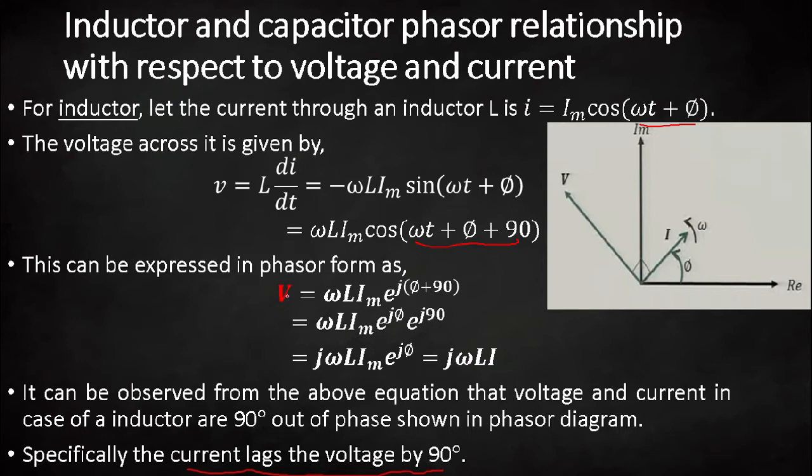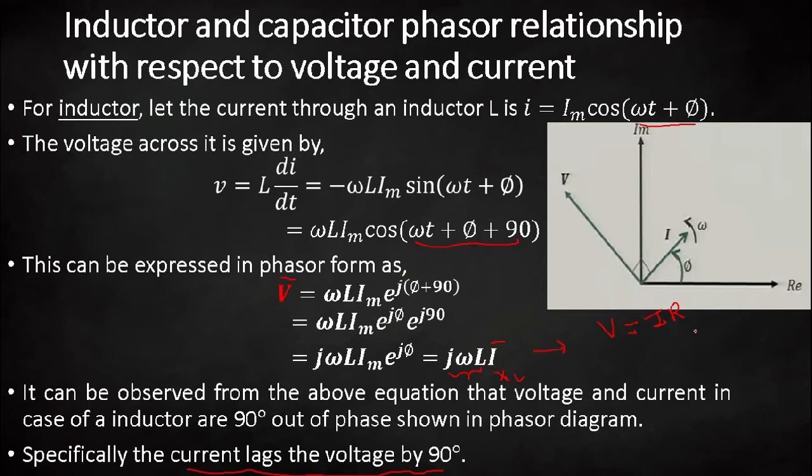Here you can see that V phasor is equal to j omega L times I phasor. Now if you compare this equation with Ohm's law, which is V equal to I multiplied by R, you can see that V is equal to I times this factor, which is nothing but XL.